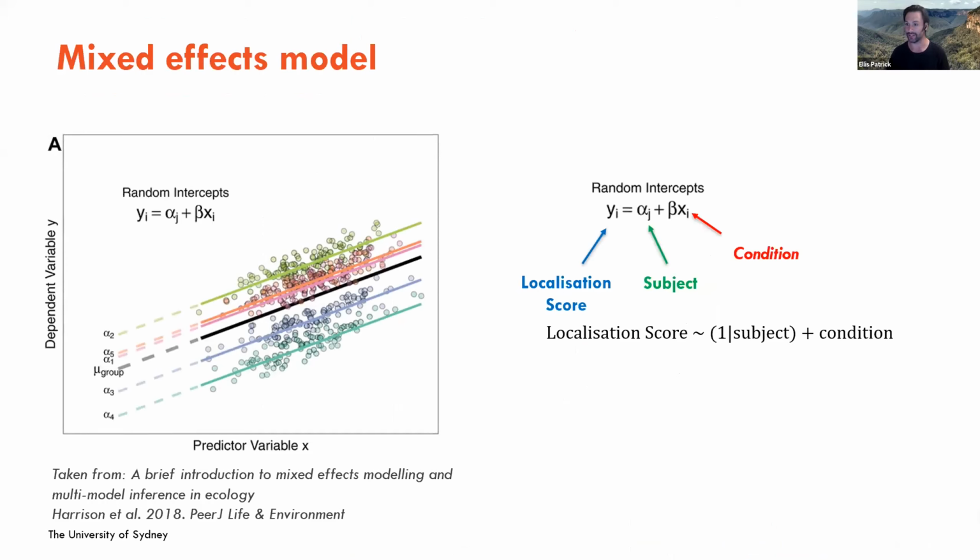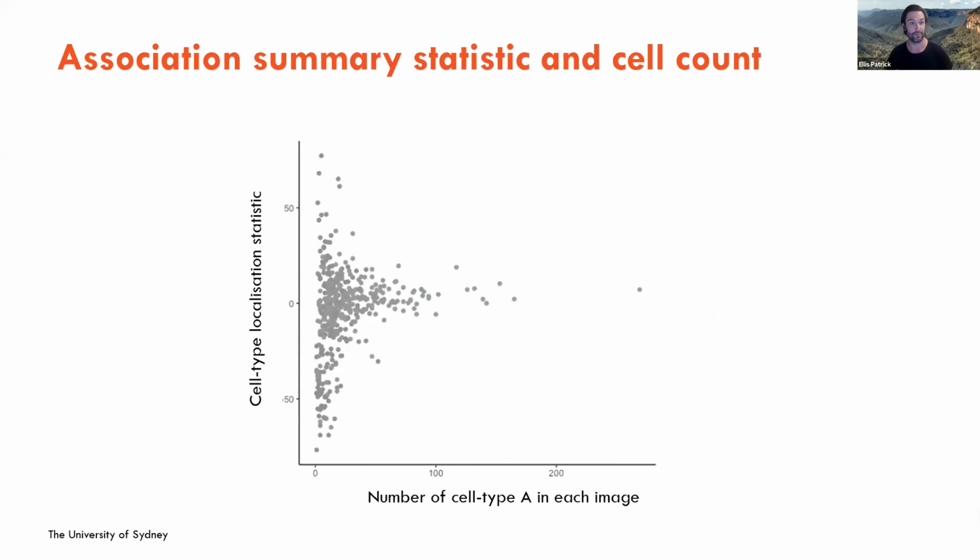This is a standard thing to do when you've got repeated measures. And so we use this to account for the challenge of having multiple images per person. While I said that these localization statistics, the K function and the L function and the derivatives of this, the scaling makes these scores comparable across images, there's still a summary statistic.